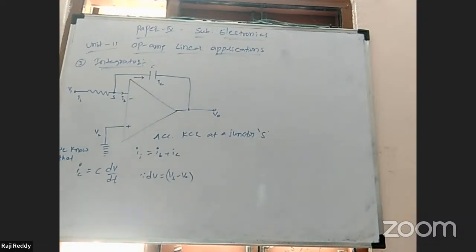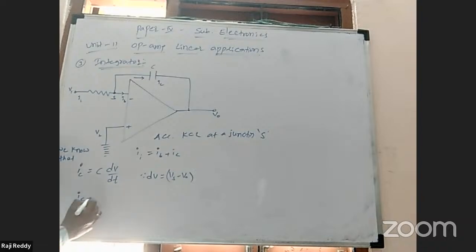Okay na? IC, nothing but input current. First you can write here IC is equal to C into (Vs minus V naught) by dt. This value you can substitute in the first equation.